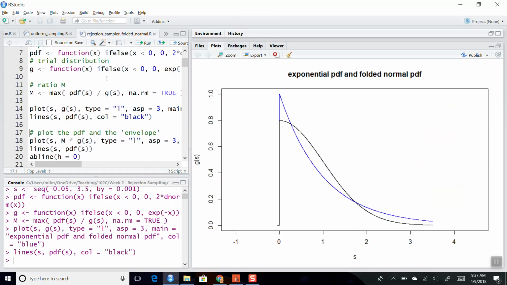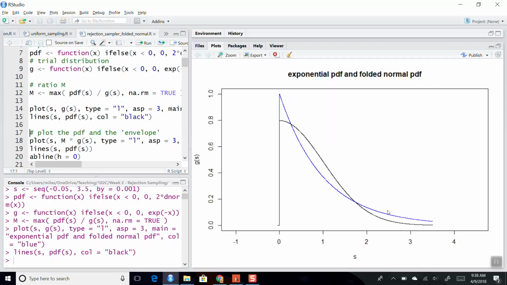Now, I can't do this because right now my exponential distribution dips below the normal PDF, okay? And that's going to be a problem because if I'm proposing values and we're going to accept based on the ratio between this and this, we're not going to be proposing enough values here and whatnot. So what I have to do is multiply the exponential PDF by some constant m so that the exponential PDF ends up being always taller than the normal PDF, okay?